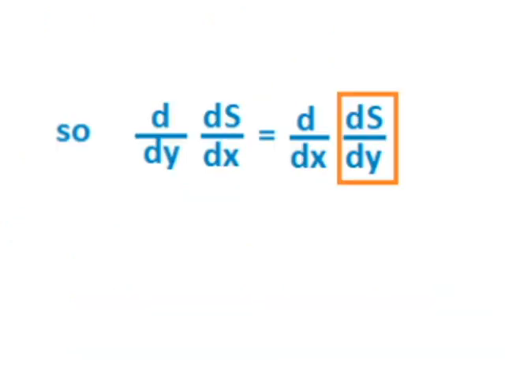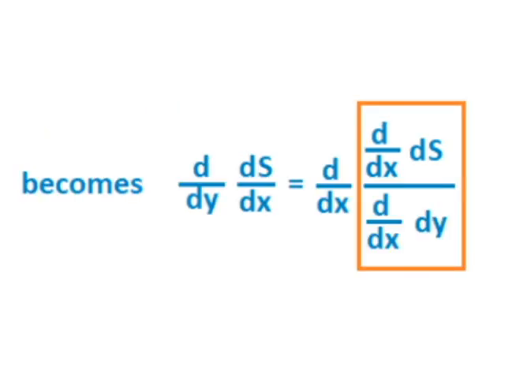So, after all of that, we can draw the conclusion that d/dy of ds/dx equals d/dx of ds/dy, being a geodesic in flat space, must be modified into d/dy of ds/dx equals d/dx of (d/dx of ds over d/dx of dy) to become the geodesic for warped space.